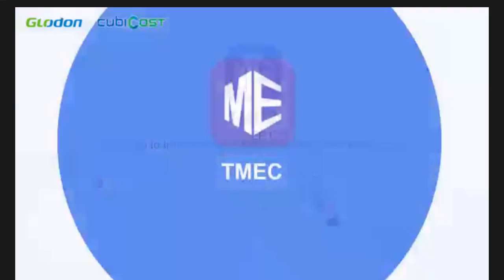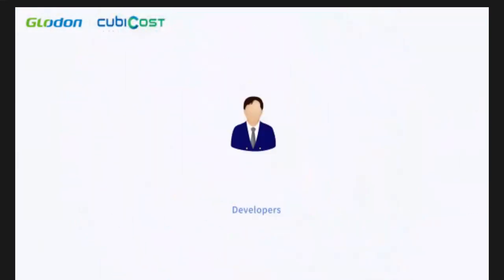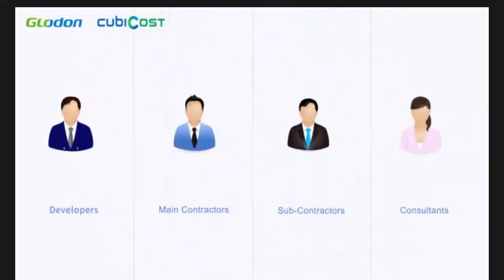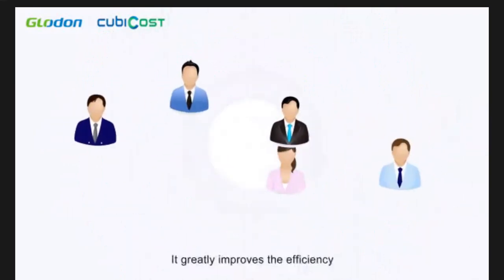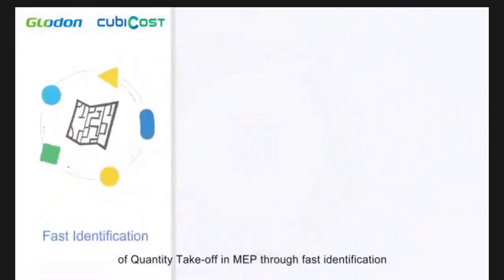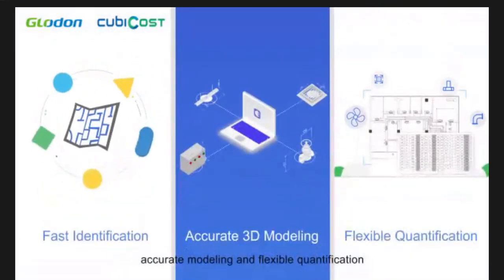TME C is a 5D BIM solution for MEP professionals, including developers, main contractors, subcontractors, consultants, and experts. It greatly improves the efficiency of quantity takeoff in MEP through fast identification, accurate modeling, and flexible quantification.